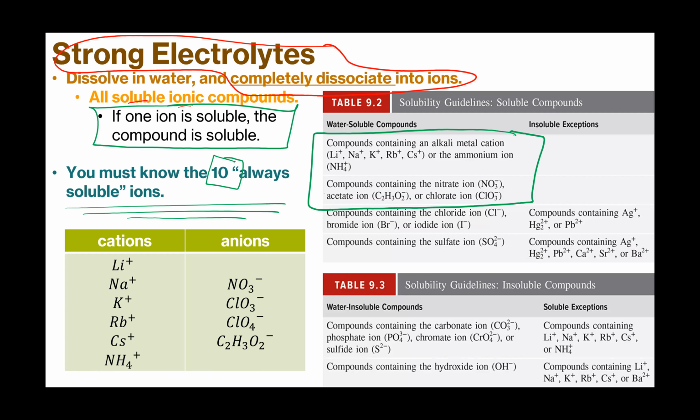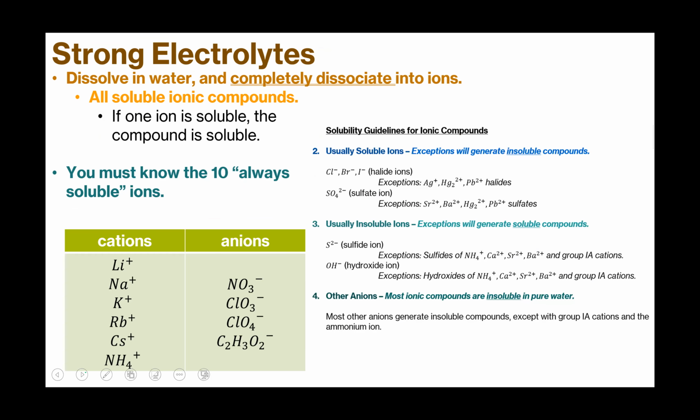All of the group 1A ions, and NH4, ammonium, and then nitrate, acetate, chlorate, and perchlorate. Perchlorate's not listed in the book, but perchlorates are mostly soluble. If we know those, any compound that has any one of those ions in it is going to be soluble. Everything else is going to have some insolubleness to it.